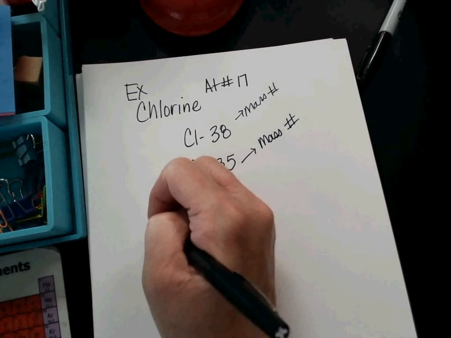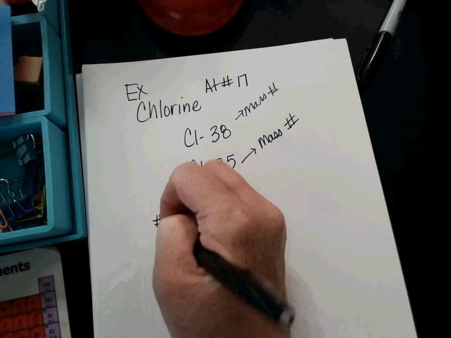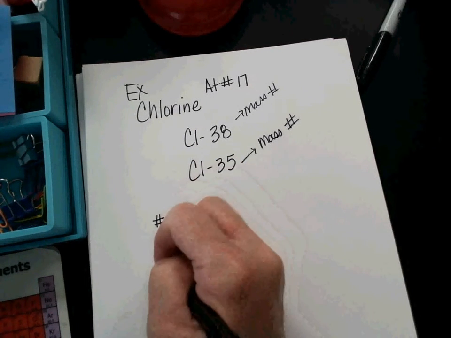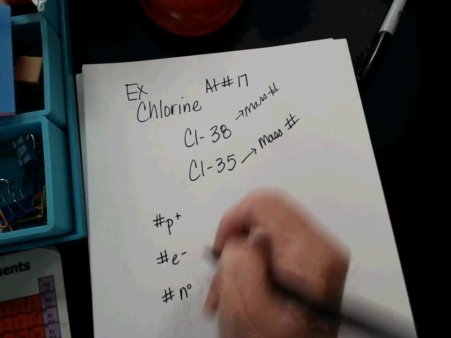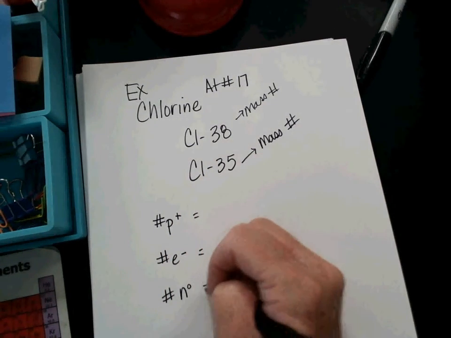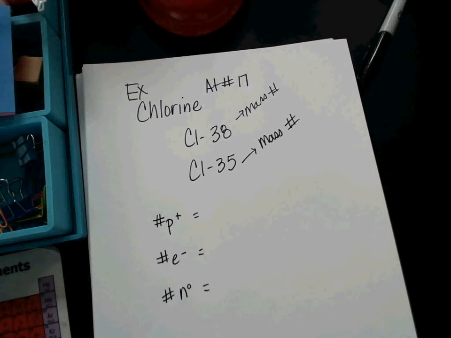So if I take this and I say to you, find the number of protons, the number of electrons, and the number of neutrons, see if you can do that based on the information that I've given you.